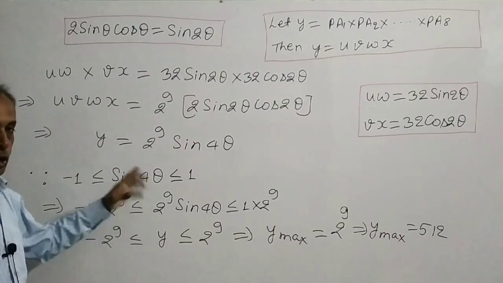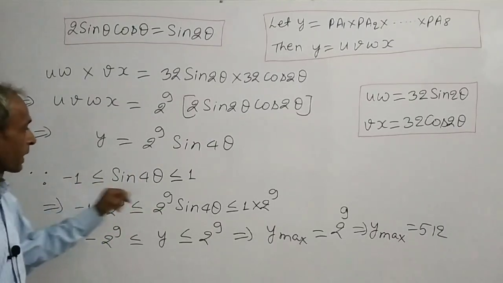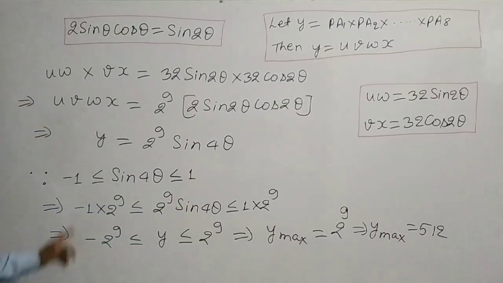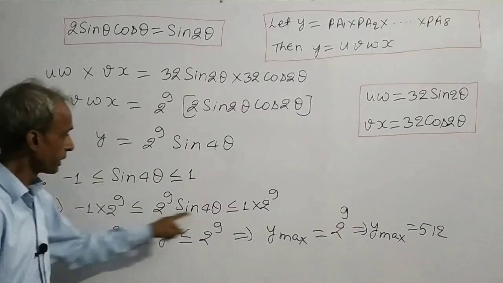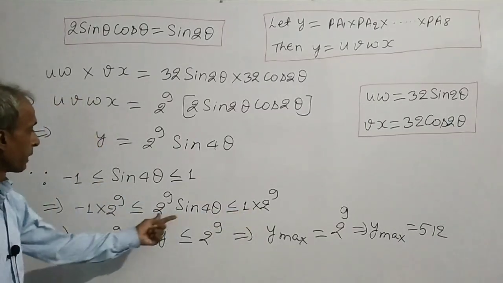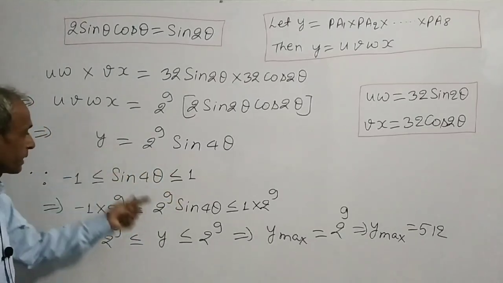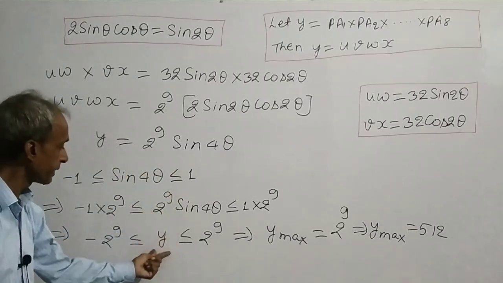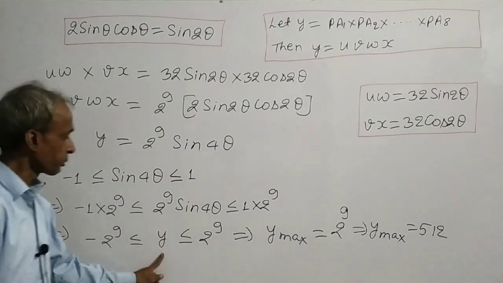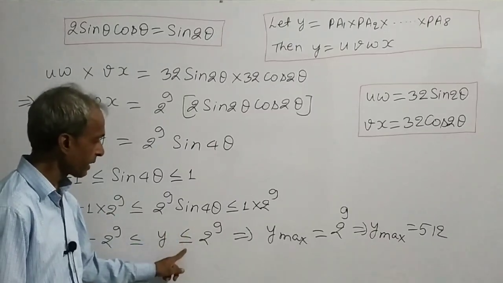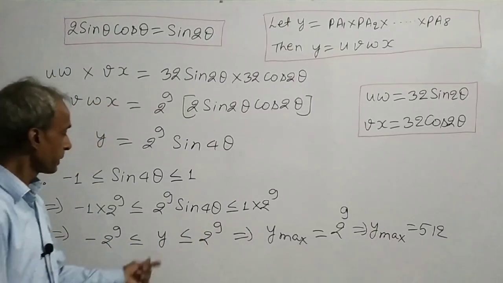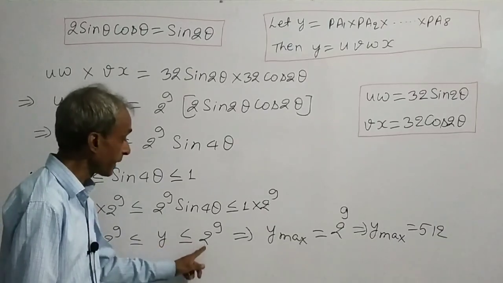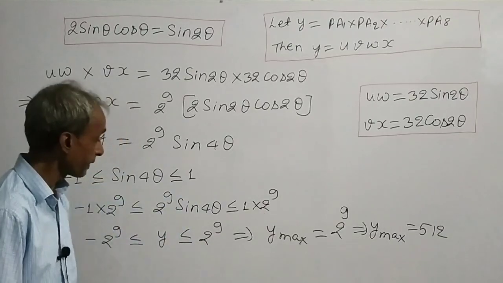Since sin 4 theta lies between -1 and 1, multiplying each by 2 to the power 9, we get this. But this is equal to Y, therefore we write Y here. Since Y is less than or equal to 2 to the power 9, that means Y can never be greater than 2 to the power 9.